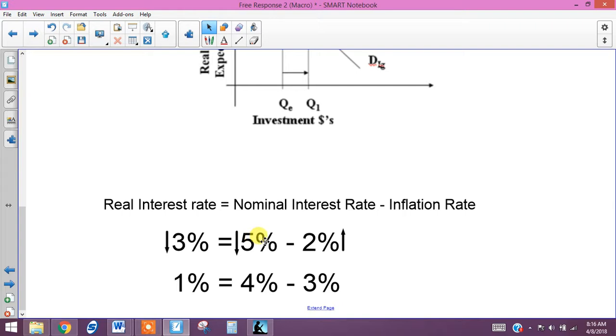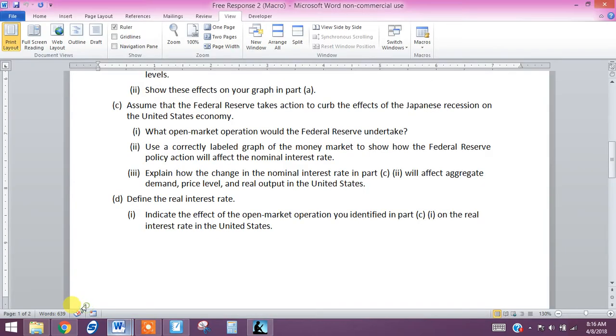And what does that do? It's asking us what's going to happen to the real interest rate as a result of all this.